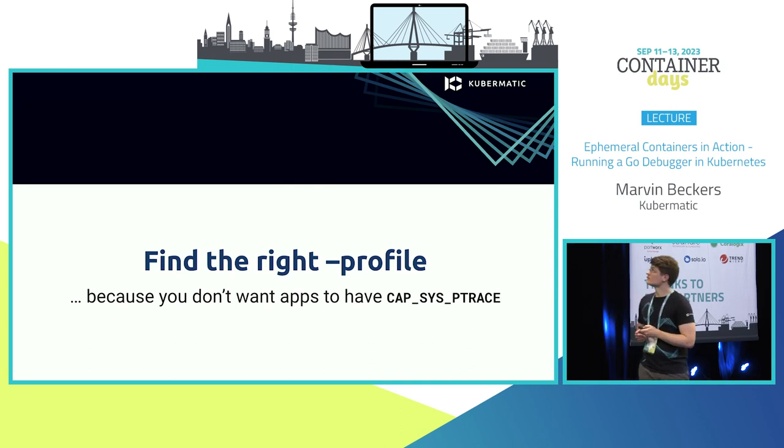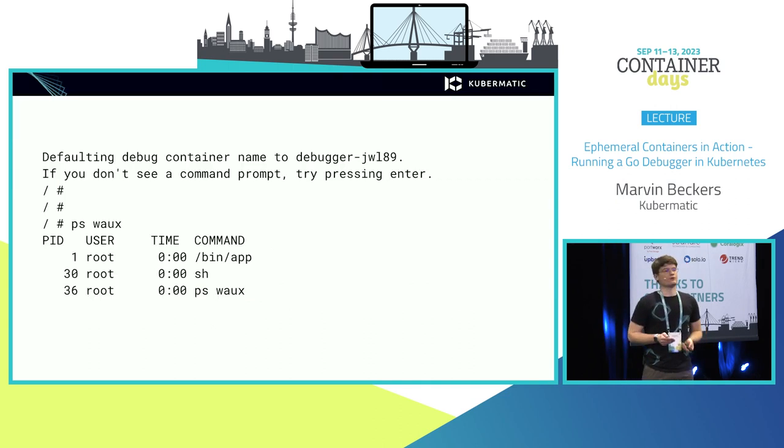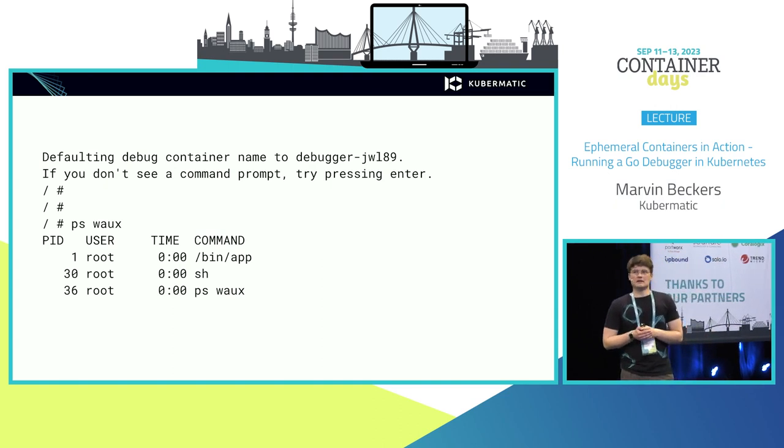So what we did here, I can see the process, but I can't attach to it. And I shouldn't be able to, because this process might be, I don't know, it has my S3 secret key loaded in memory or something like that. And I really don't want people to be able to just extract that.